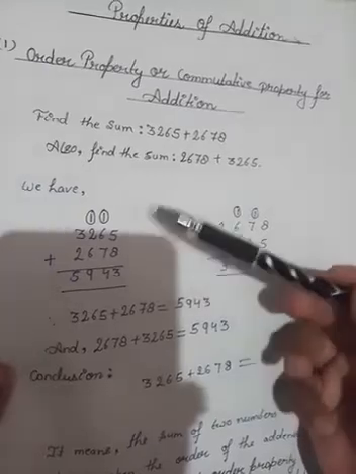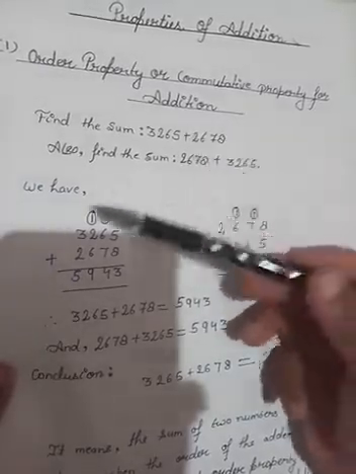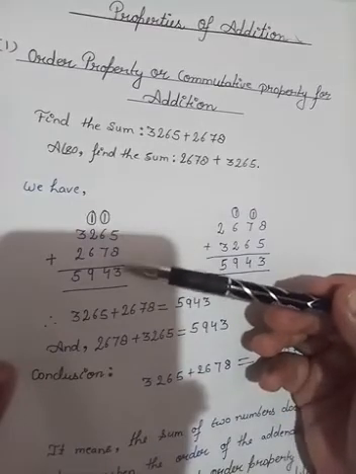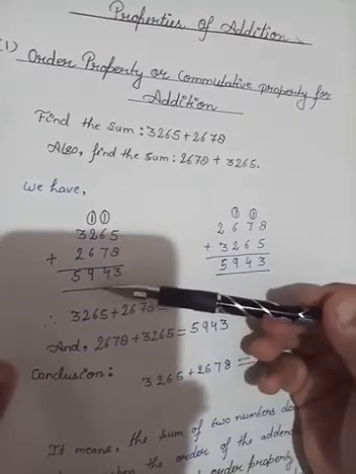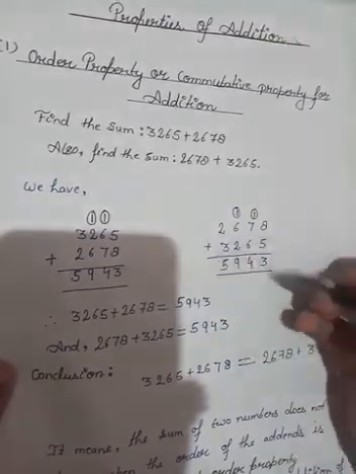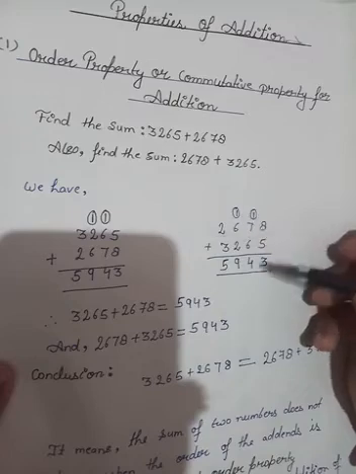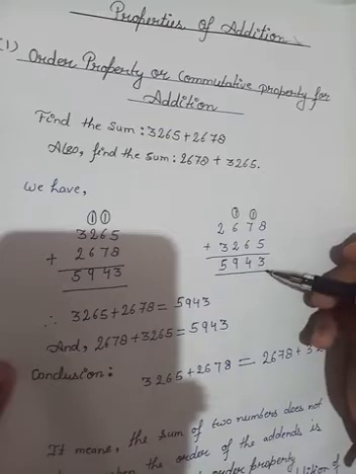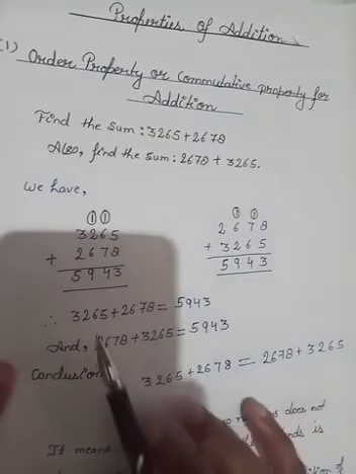First of all, we will arrange that given number in form of column. Here, when we will arrange them, we will get 5943 after adding. And when we will arrange the given number and we will add, we will get 5943.